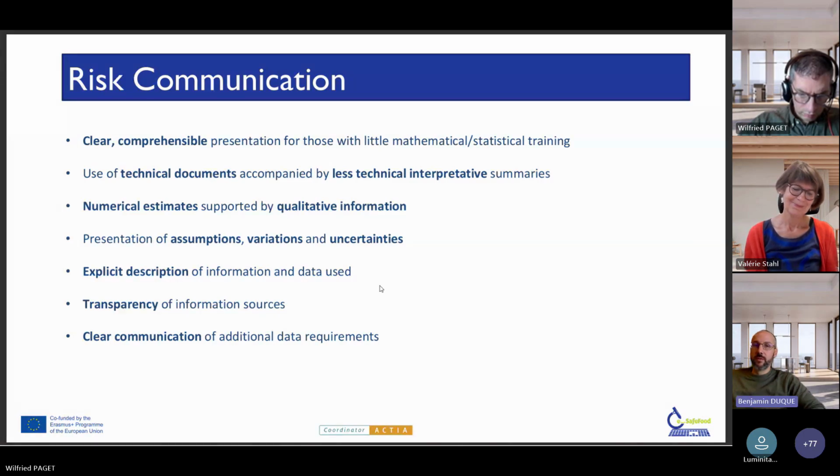The aim is to be very clear. And every piece of information and data used must be explicitly described, with full transparency as to its source. And finally, the need for additional data to complete the exposure assessment must be clearly communicated.